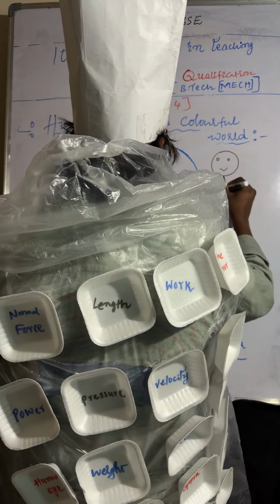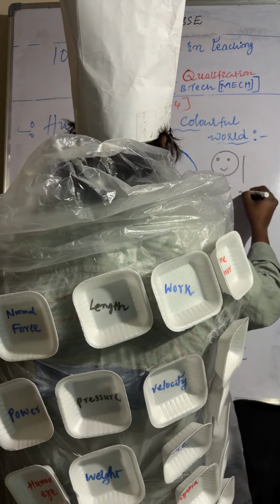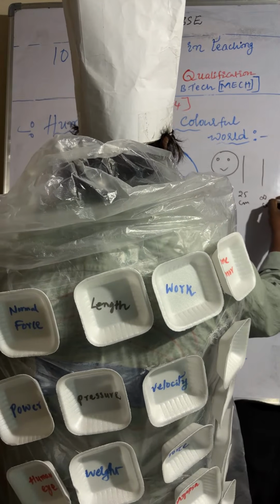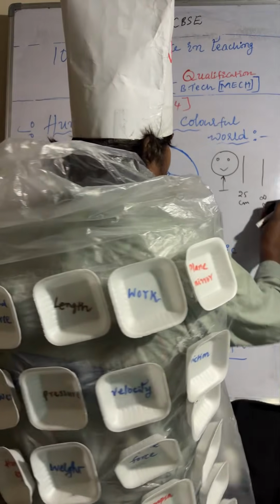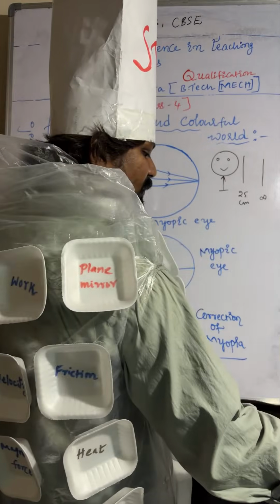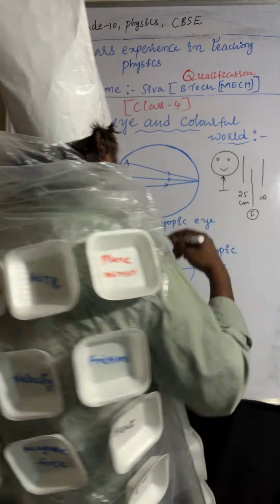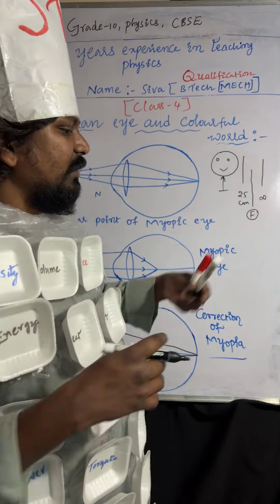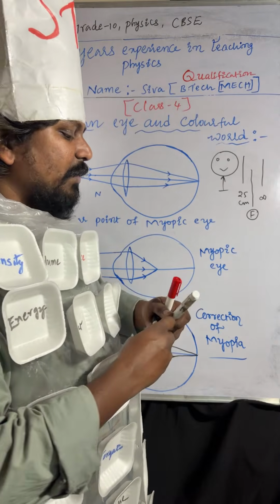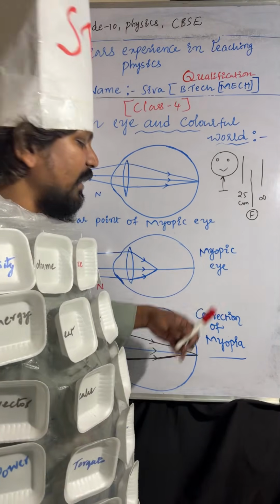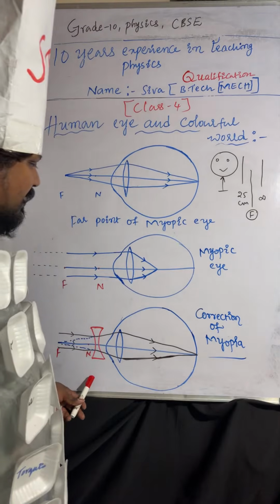This is 25 centimeter, and this one is infinity. Between 25 and infinity, that is the far point, F, which is nothing but the far point of the myopic eye. This is the myopic eye, and this is the correction of myopic eye.